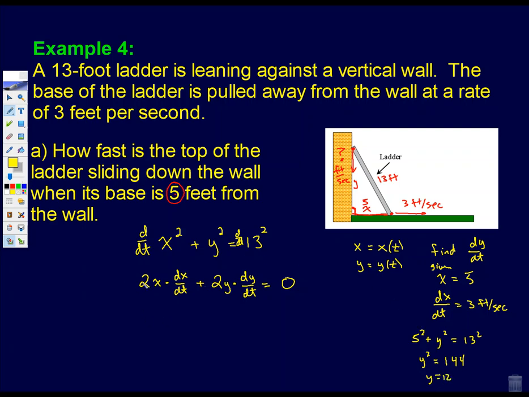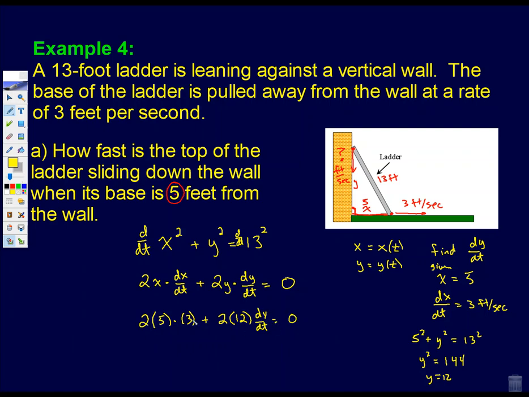So now I have everything to put into my derivative except for dy/dt. So 2 times x, which is 5, times dx/dt, which is 3, and then 2 times 12 times dy/dt equals 0. I'm solving for dy/dt.